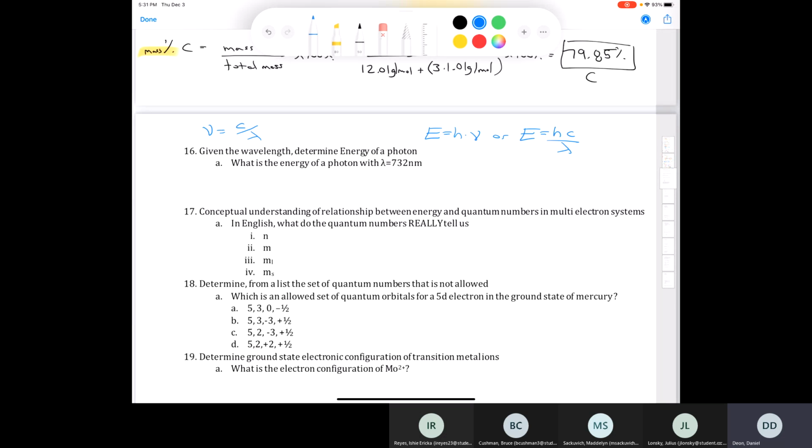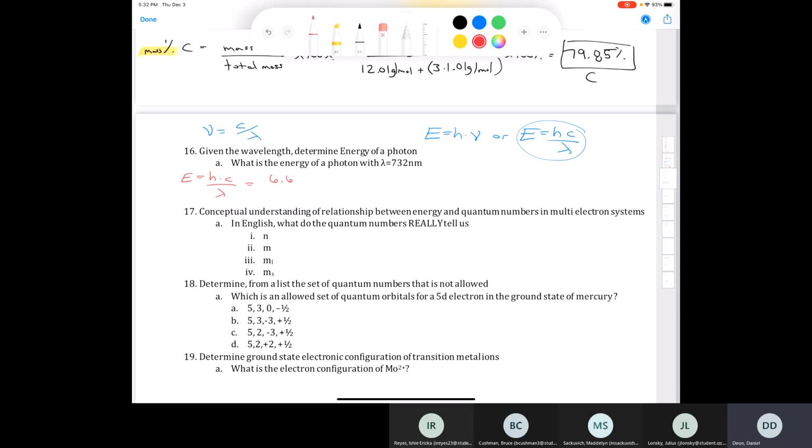It says here, given the wavelength, determine the energy of a photon. We've got our wavelength in nanometers. Of course, we're going to have to convert that into meters, and we're going to use this formula right here. I will provide you with Planck's constant and the speed of light. I'm sure a lot of people have those memorized anyway. So our energy is equal to Planck's constant times the speed of light divided by the wavelength.